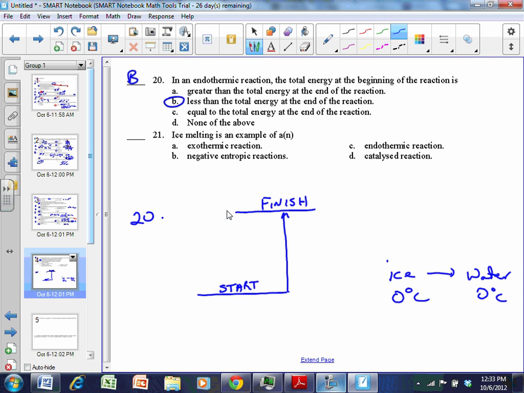Well, you have to add energy in to separate the molecules from each other to allow them to move past one another. That means ice is lower in energy than water, so it looks just like number 20. Ice starts here, water is here. Even though they're at the same temperature, they're at different energies. It's an endothermic process.